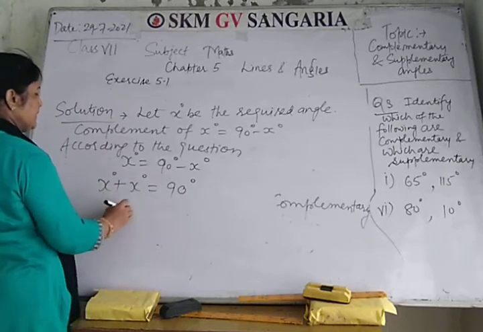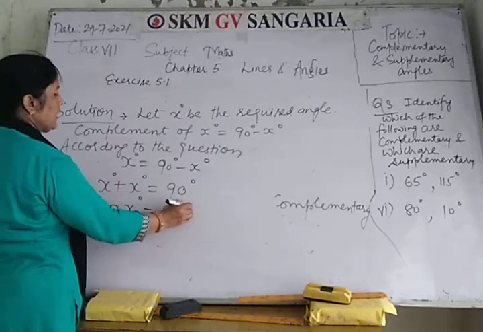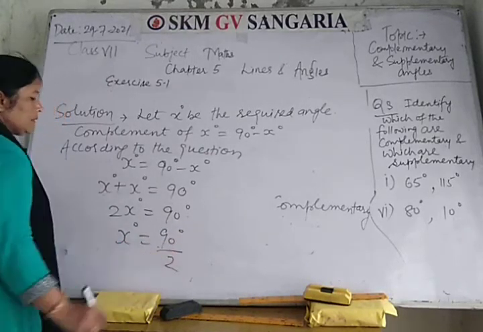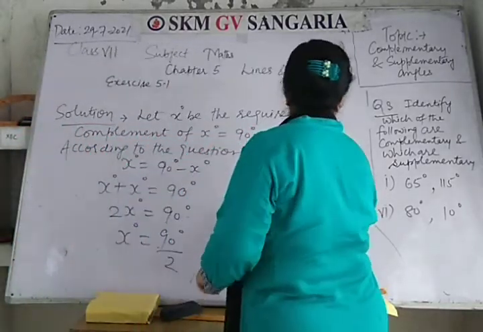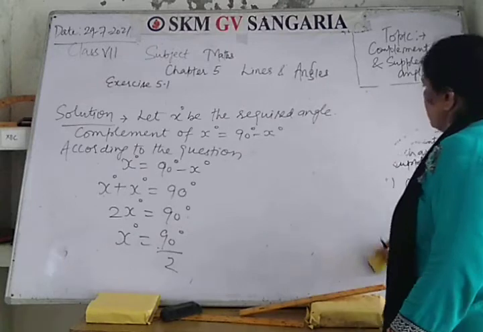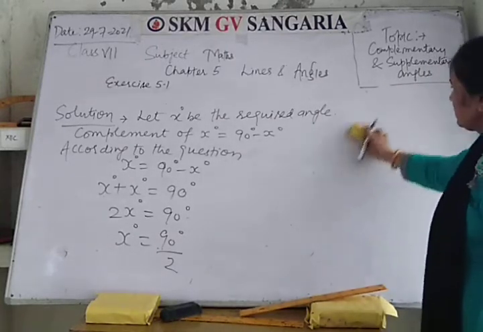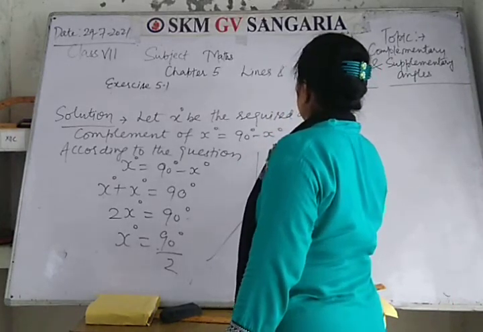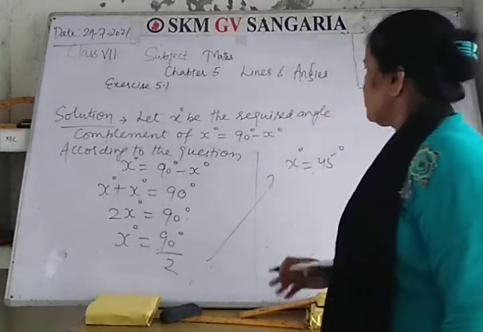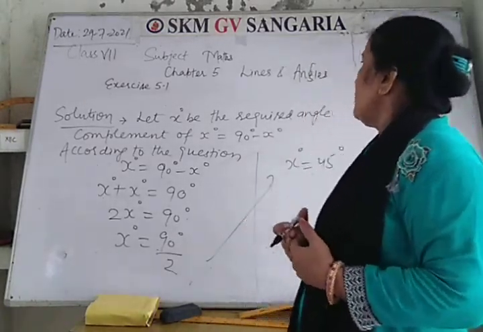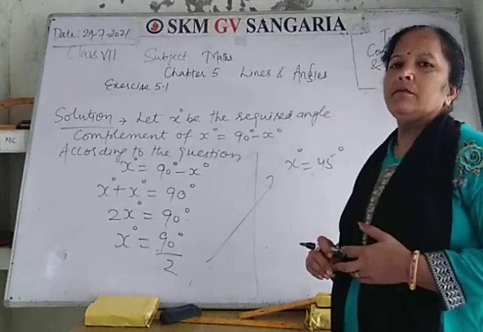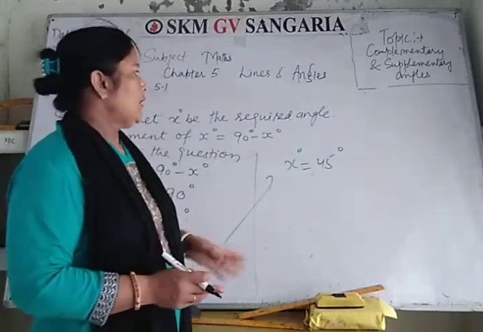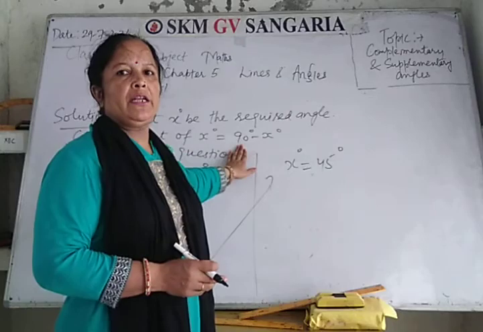So x degree plus x degree, 2x degree, is equal to 90 degree. So x is equal to 90 degree divided by 2, which is 45 degree. So 45 degree is the angle which is equal to its complement. When you subtract 45 degree from 90 degree, it is 45 degree.